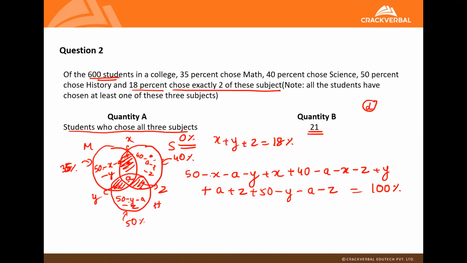Now I'm going to simplify. X and x cancels here. Then I can cancel plus z and minus z. I can cancel out a plus a minus a, plus y minus y. So what I'm left with here is 50 plus 40 plus 50, right? Sorry, this is 35. This is not 50.